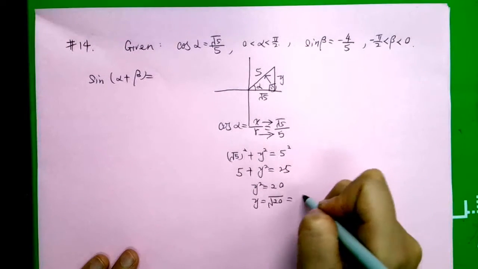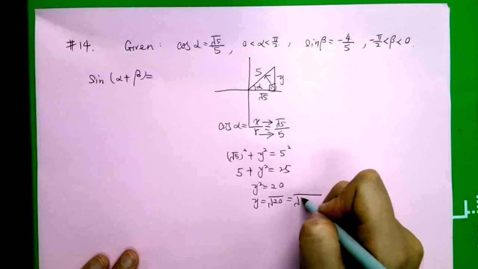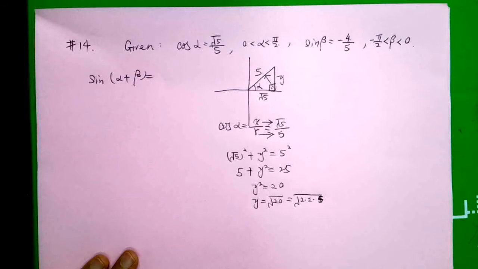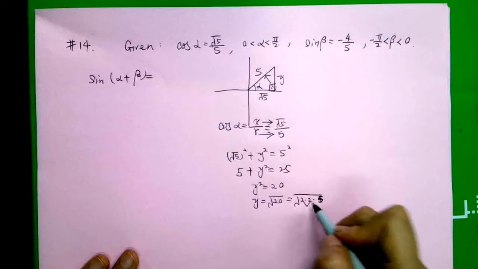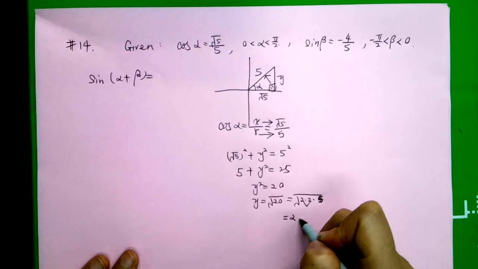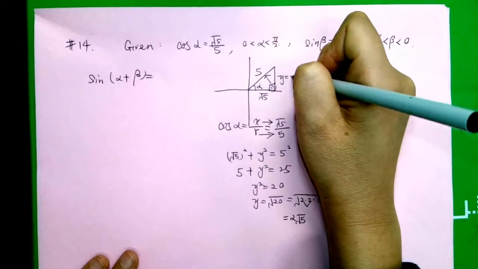If you break down 20, you can write it as 2 times 2 times 5, because 4 times 5 is 20. That's a couple, so it can go out. Once it goes out, you only write it once, single stays: 2 radical 5. So we're going to label y as 2 radical 5.